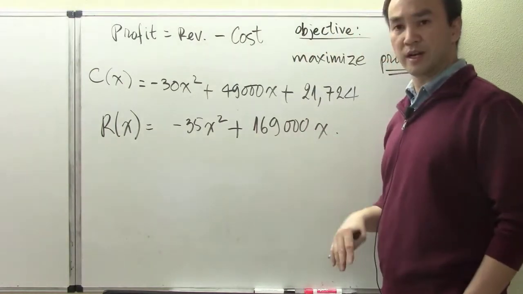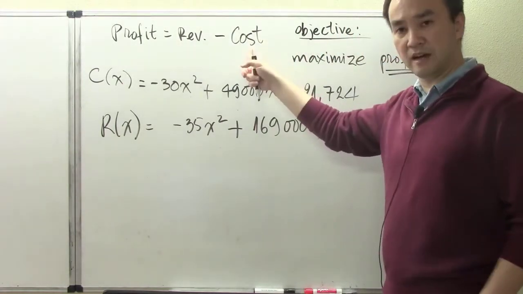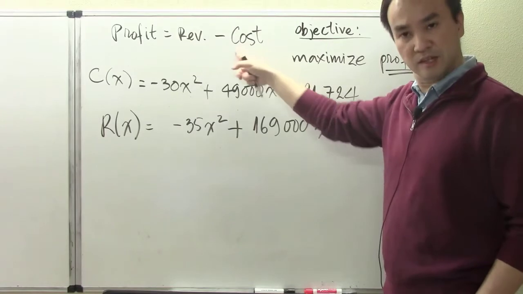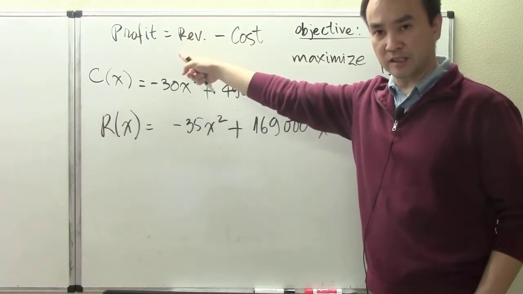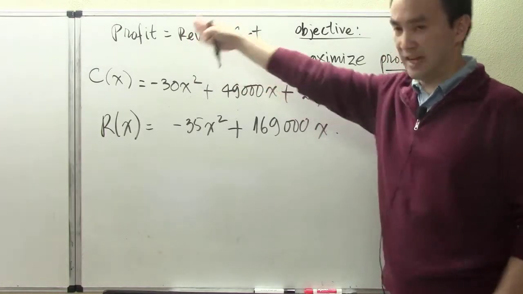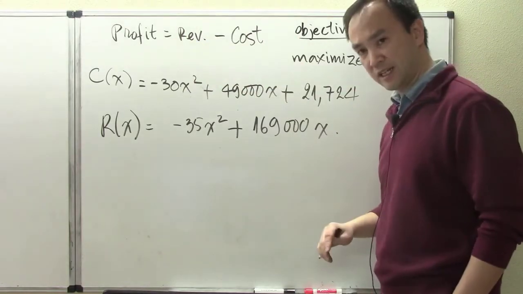That's just the way it is. That's how we do business. We spend money, this is our expenses, that's the cost. And then we make money by selling the product. So total revenue minus the cost gives us the profit. A simple concept to understand.